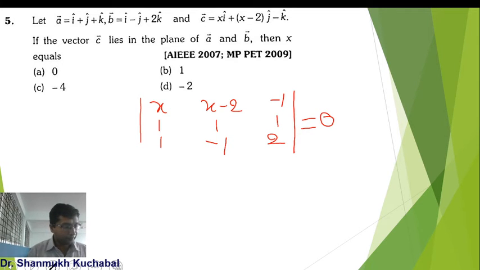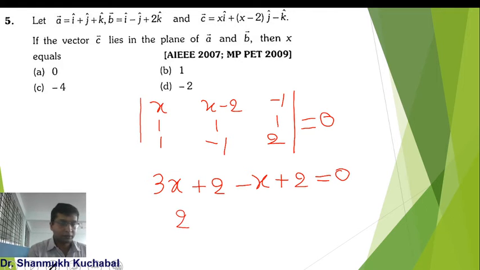On expanding, we get the solution as 3x plus 2 minus x plus 2 equal to 0. So we get 2x equal to minus 4, and we get x as 2.